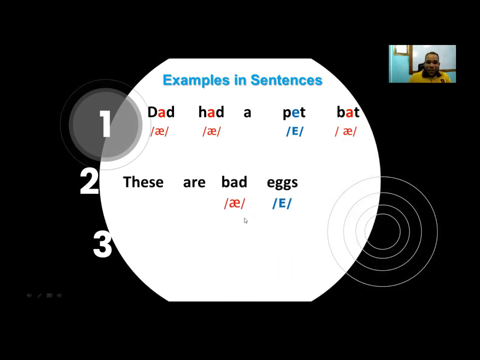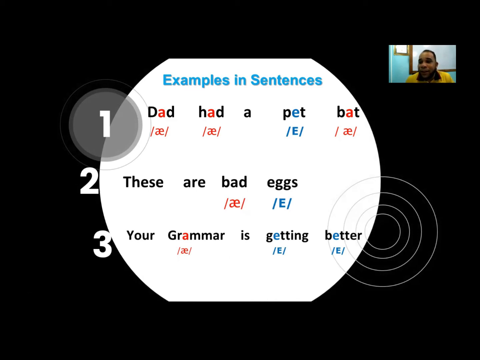Check out the second example. These are bad eggs. These are bad eggs. Bad eggs. The third example is: your grammar is getting better. Your grammar is getting better.